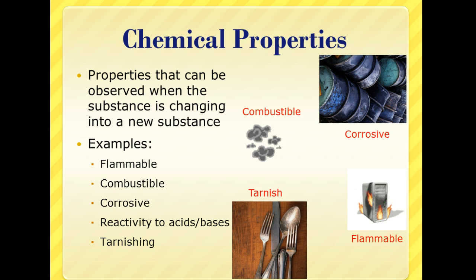Examples are flammable, combustible, corrosive, reactivity to acids and bases, or tarnishing. There are some pictures here showing some of those terms. If you don't know what they are, you can look them up. But the idea is that when any of these chemical properties are happening, you end up with a new substance at the end of it.